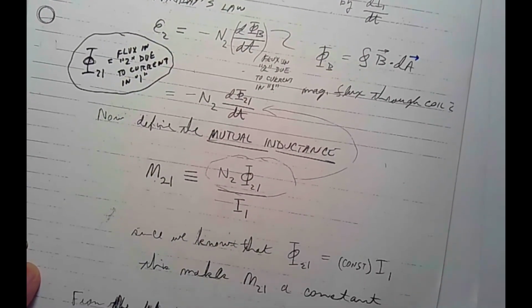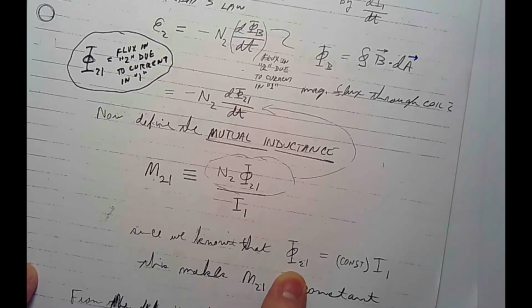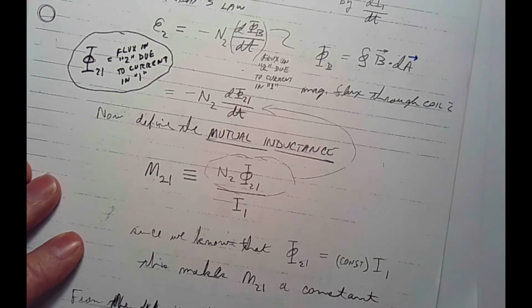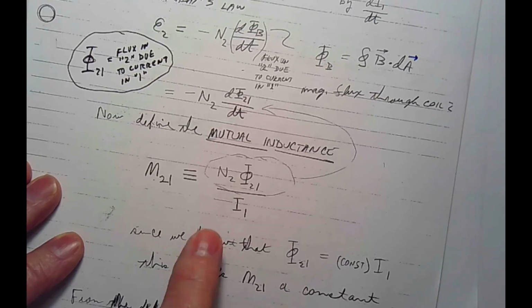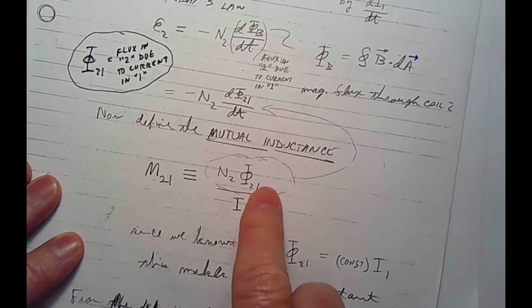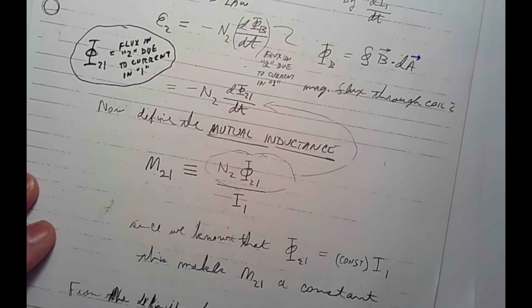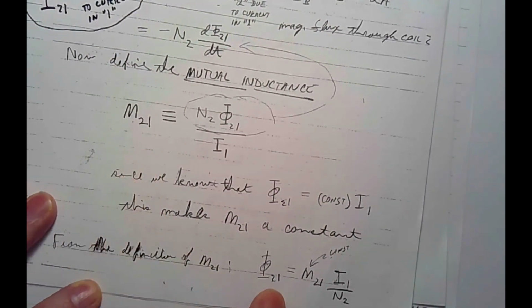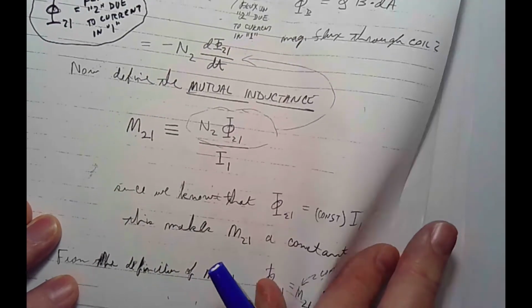Now, why do we define it that way? We know that phi sub 2,1 is some constant times the current in 1, just because it's a coil that generates a magnetic field. That makes M2,1 a constant, okay? So from the definition of M2,1, phi 2,1 is M2,1 times I1 over N2.